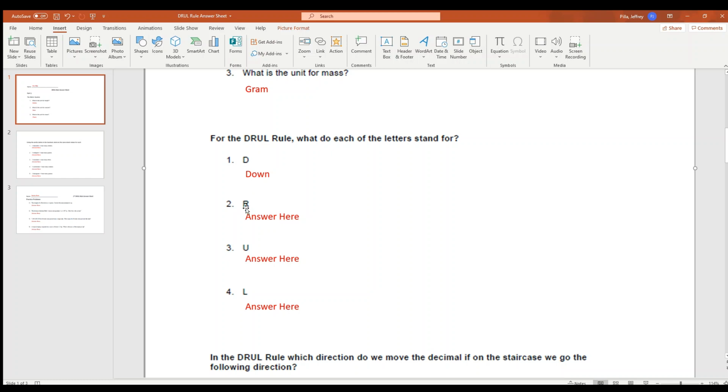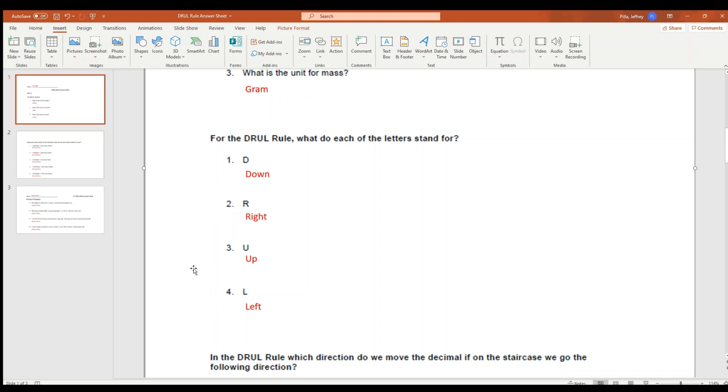D stands for down, R stands for right, U stands for up, and L stands for left. So in the DRUL rule, D stands for down, R stands for right, U stands for up, L stands for left. In other words, you can call it the down, right, up, left rule.